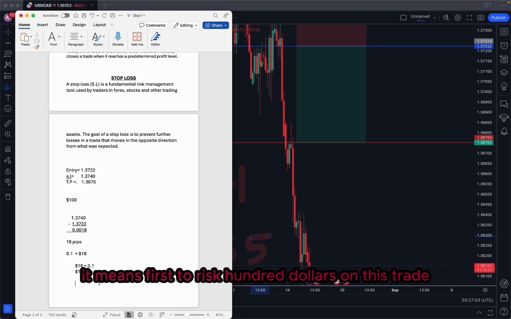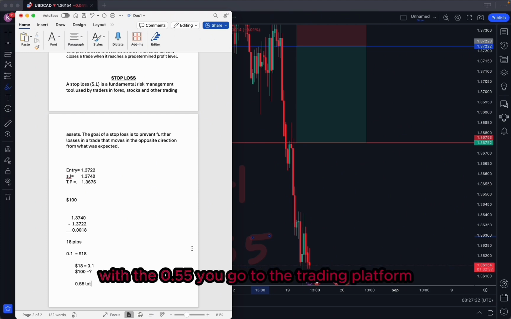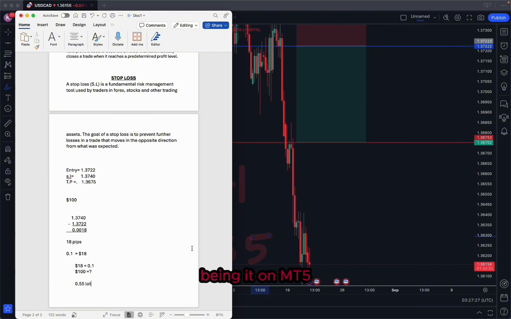It means for us to raise $100 on this trade, you have to enter with 0.55 lots. With this 0.55, you go to the trading platform, be it MT5, that is MetaTrader 5, or MetaTrader 4, or any trading platform, and enter this 0.55 and set your stop loss. Then you are good to go with your trade.